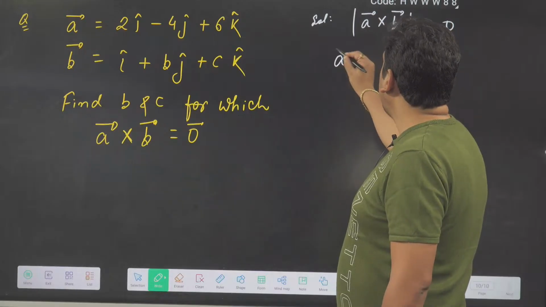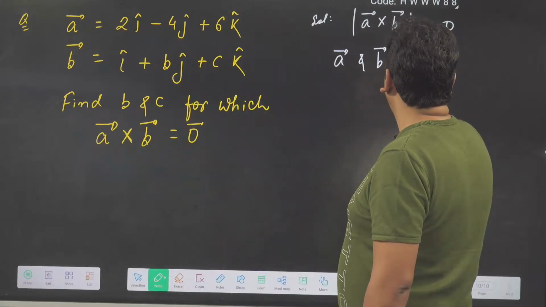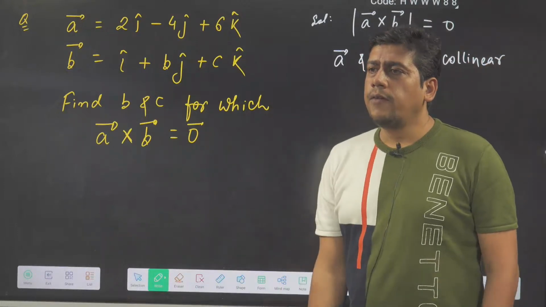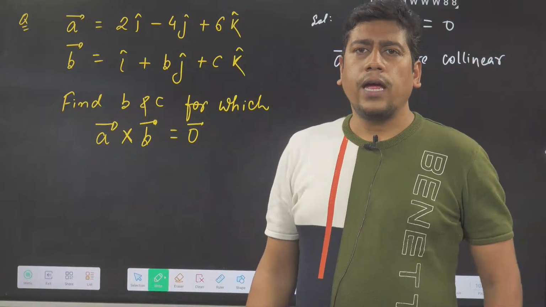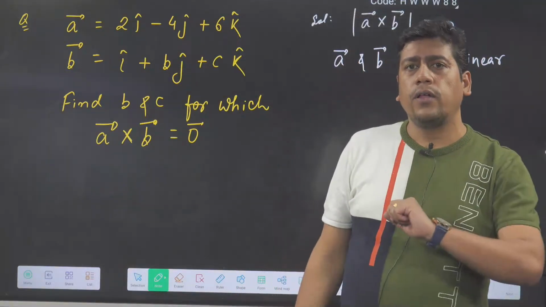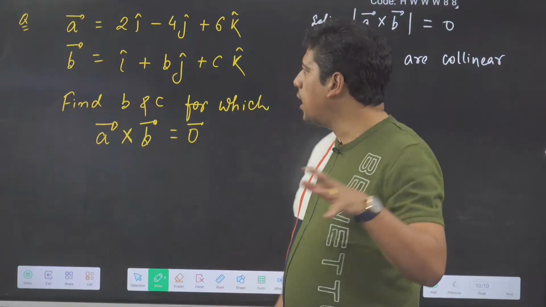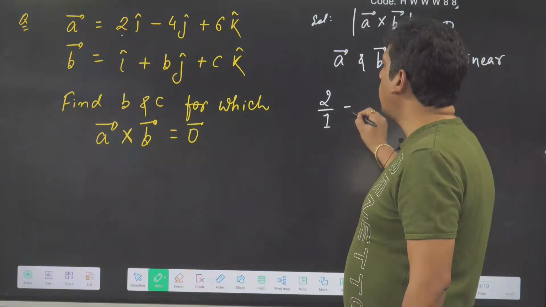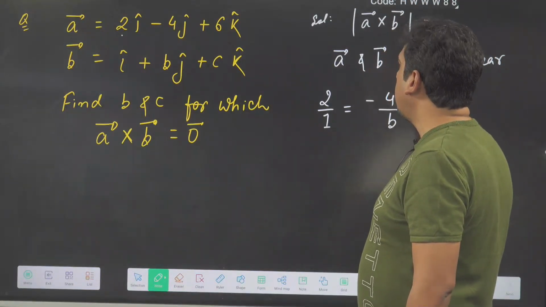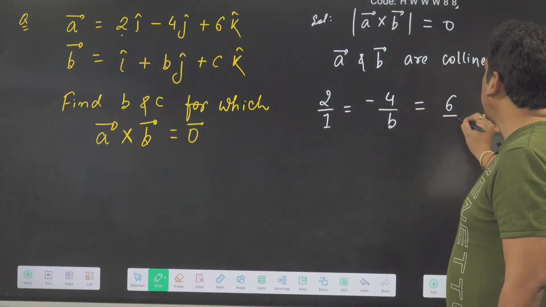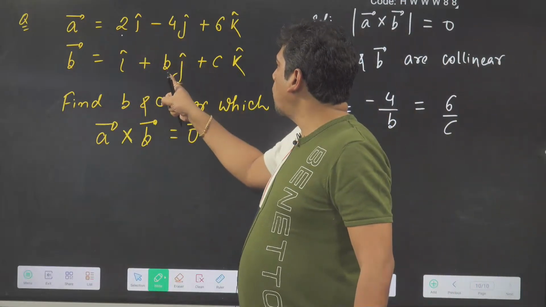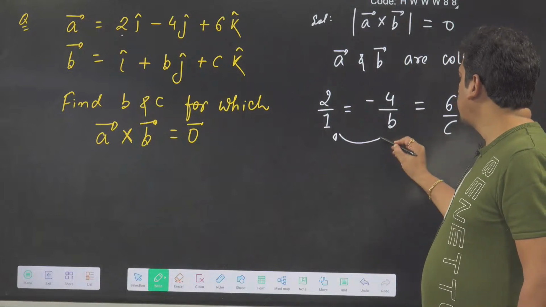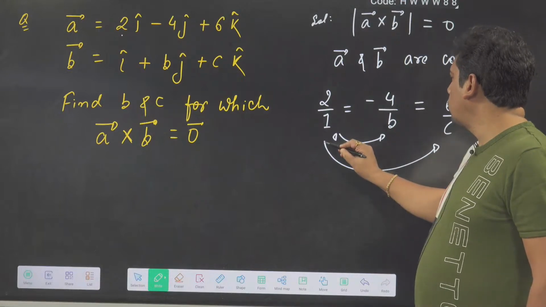If A cross B is 0, it means that A vector and B vector are collinear. So if A vector and B vector are collinear, then the ratio of the i, j, k components will be equal. That means here 2, here 1. So it will be 2 by 1 equal to minus 4 by B equal to 6 by C. So first you will relate these two, then you will relate these two.